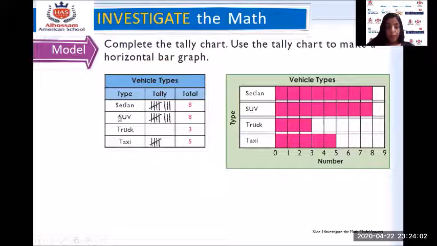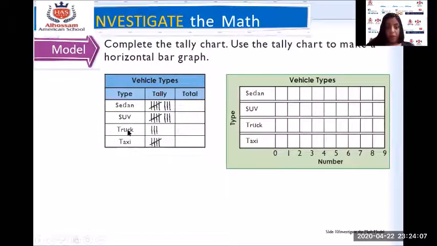And how many for SUV? 8. And how many for truck? 3. And how many for taxi? 5. So I want to use this information to make my bar graph, right?